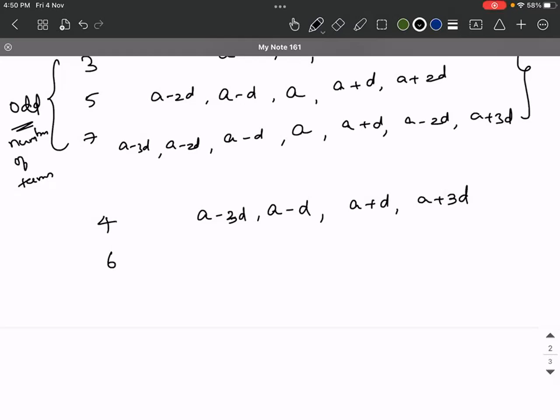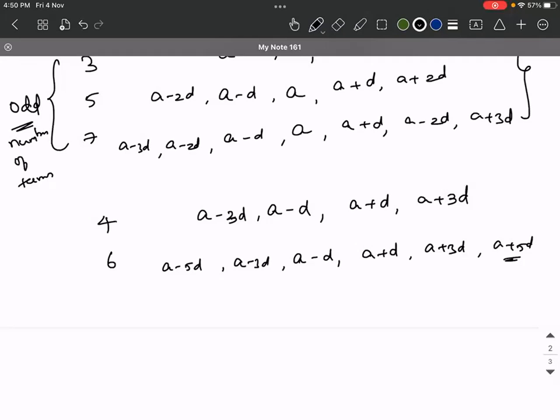The objective is that they should get cancelled. Similarly, if you start with A minus D here, A plus D, left-hand side will be A minus 3D, right-hand side will be A plus 3D. Next to this will be A minus 5D, here it will be A plus 5D. Are you able to understand the pattern?